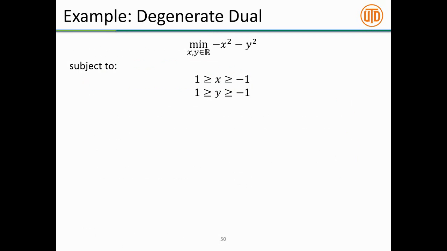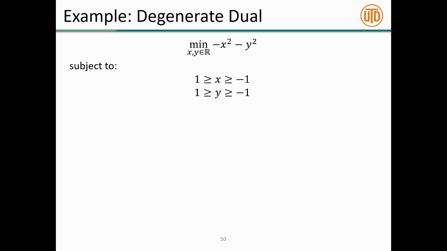So the first example that I want to do is an example of a situation where you end up with a degenerate dual. There are lots of different ways that you can end up with that. In this particular example, I've selected an optimization problem that is not a convex optimization problem.